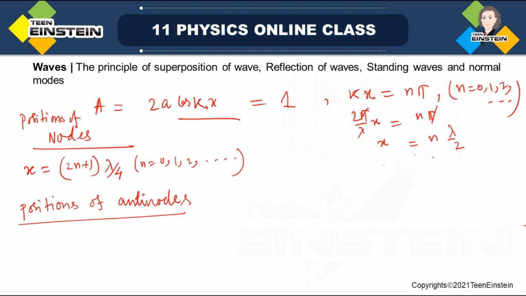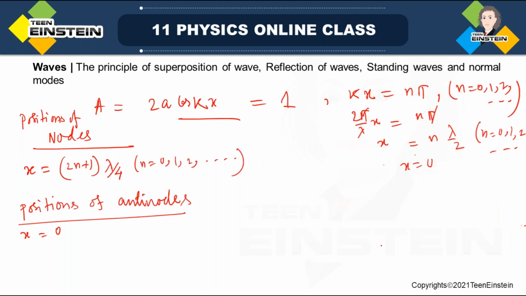In this case, the first position is x is equal to 0, where n is equal to 0, and there will be antinodes. The positions of the maximum amplitudes are called antinodes.